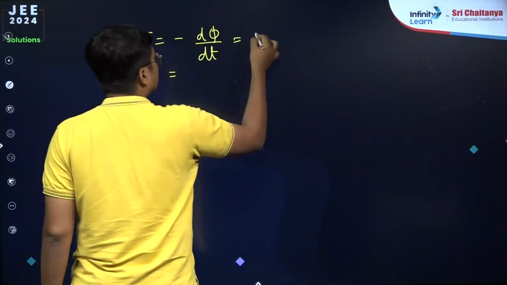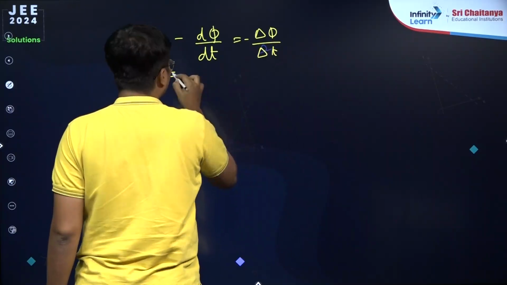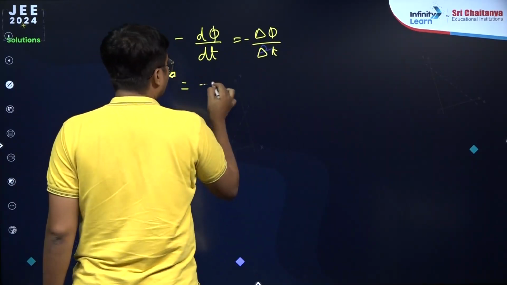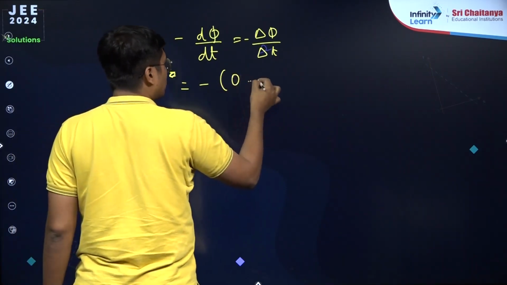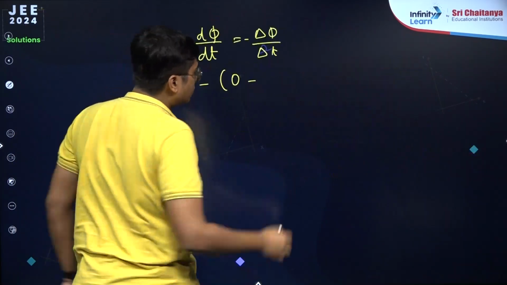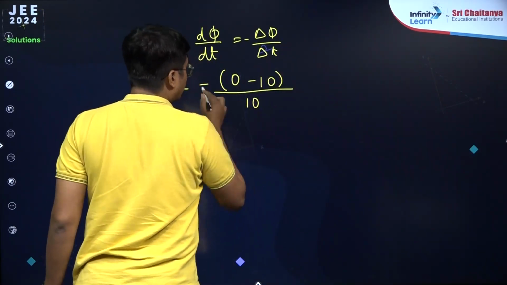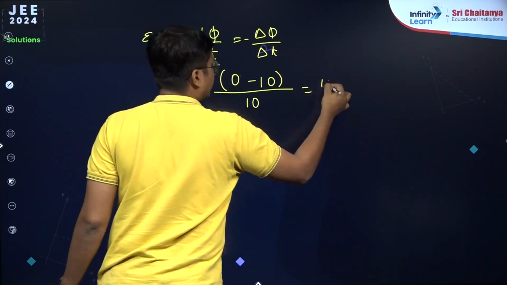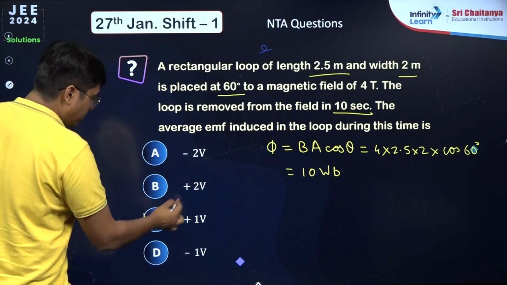So I can write it as minus of delta phi by delta t. The final flux is 0 minus the initial flux of 10, divided by the time, 10. So minus of minus 10 makes it 10 by 10, so it is just plus 1 volt.